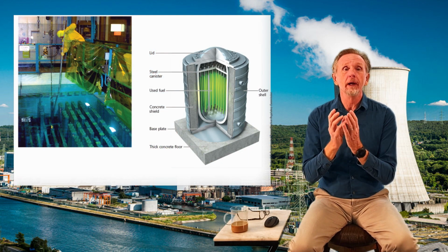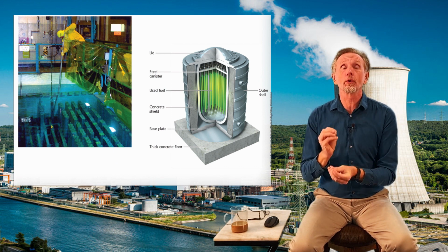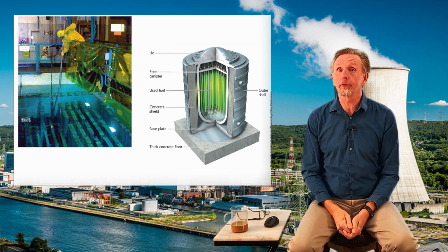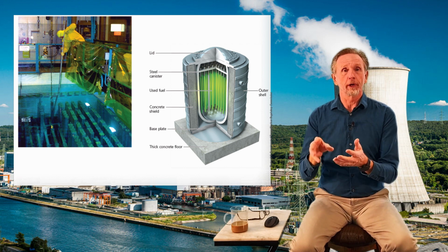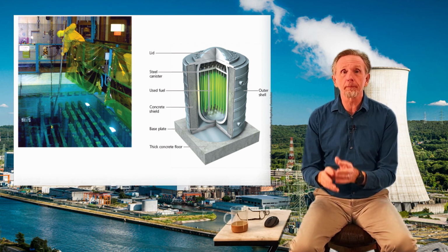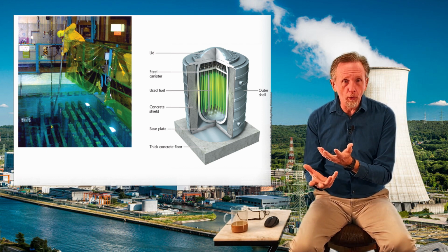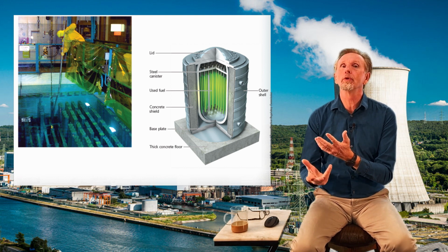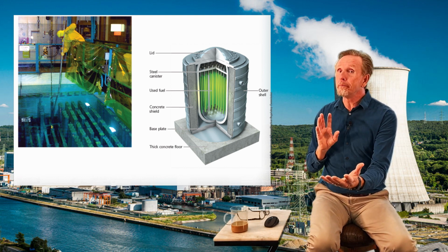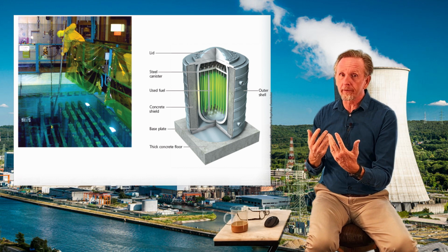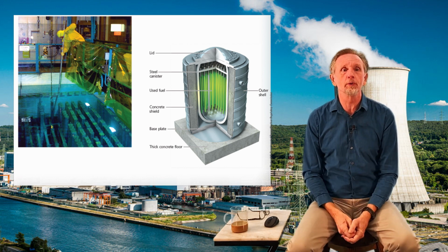Typically what we do is we take the rod out and it gets stored in water for several years to cool. So it goes down in the water supply, sits there to cool for several years. Once it's cool, because once again, we've spent most of the uranium, that's why we've had to pull it out, and it's down there cooling off.